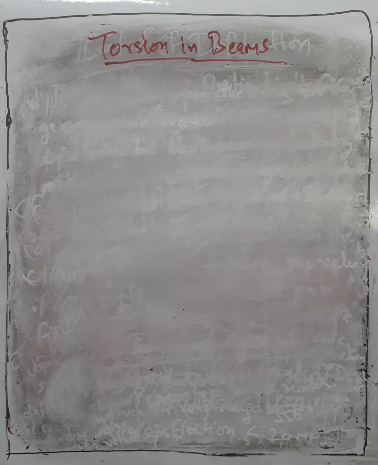In this lecture, we study about the torsion in beams. Actually, when we apply a load on a beam, we know that bending moment and shear force are there. But in several situations or some conditions, there is also torsional moment.